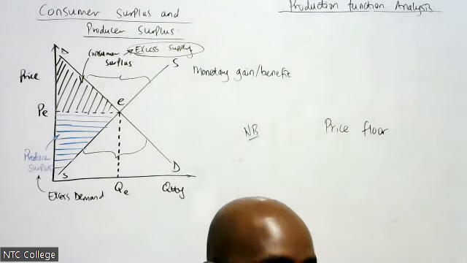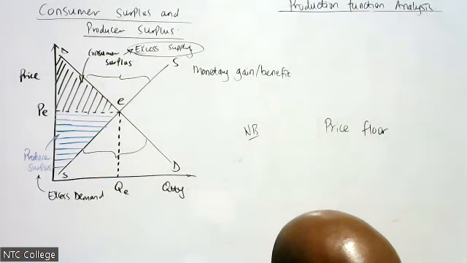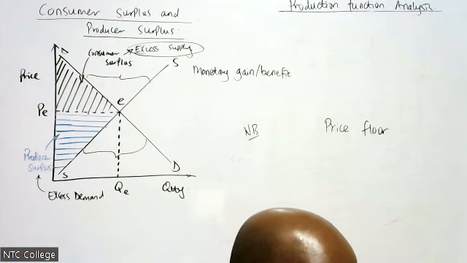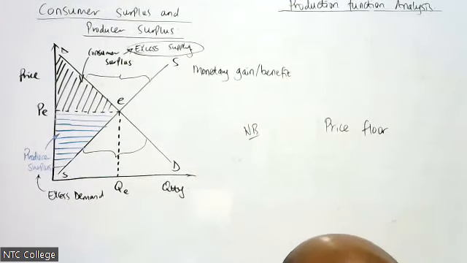So it doesn't matter. Production function shows the relationship between input and output of a farm.